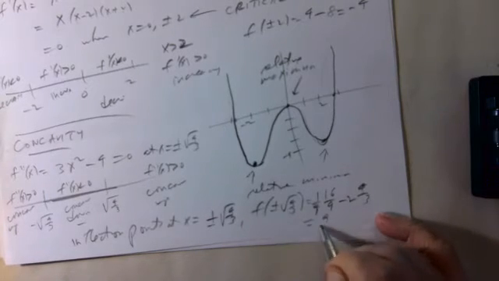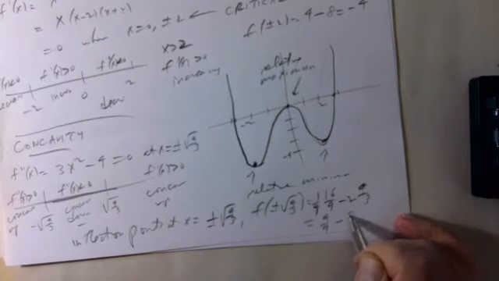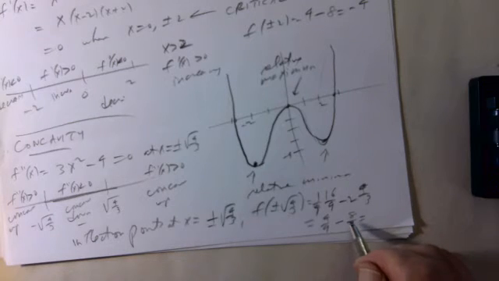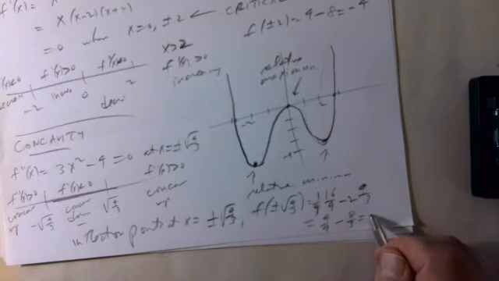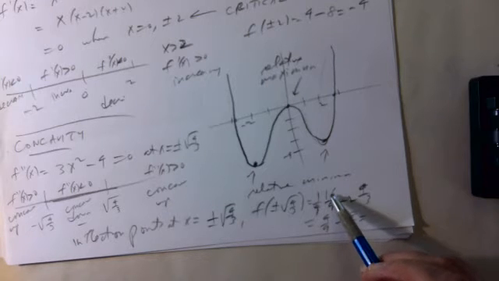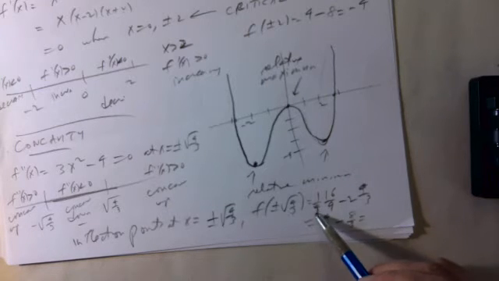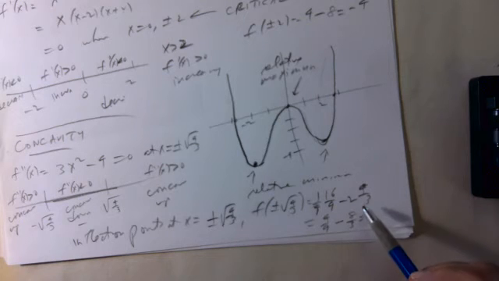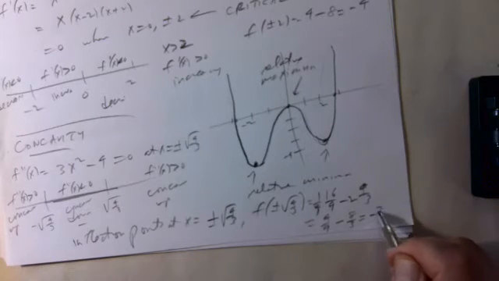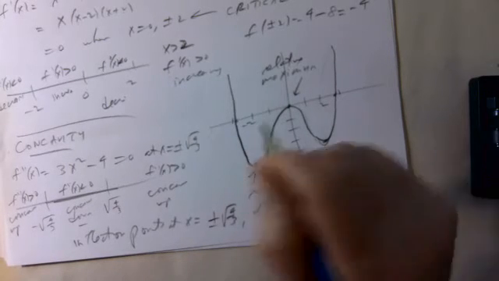So that's equal to 4/9 minus 8/3, which is, is that right? Let's see. 16/9 times a fourth is 4/9. 2 times 4/3 is 8/3. This is 24/9. This is minus 20/9.